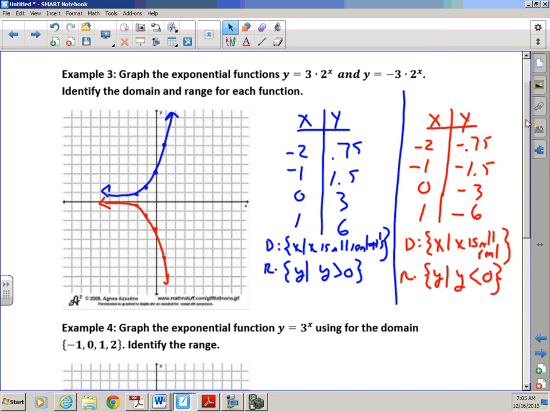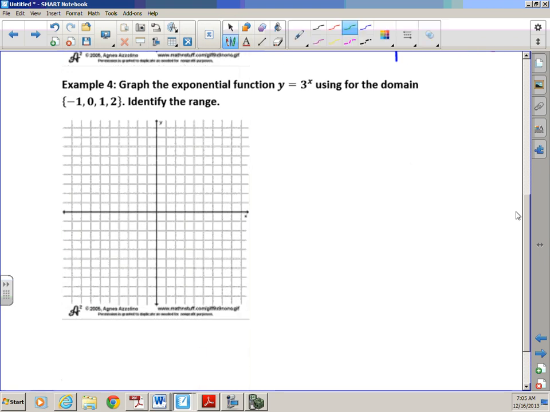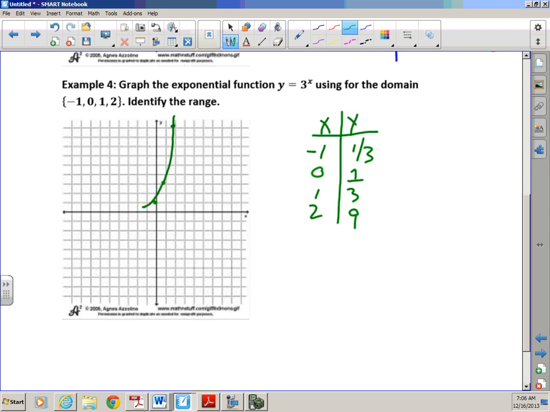All right, let's take a look at the next example. I'm telling you to use these specific x values, okay? Here's my curve, okay?